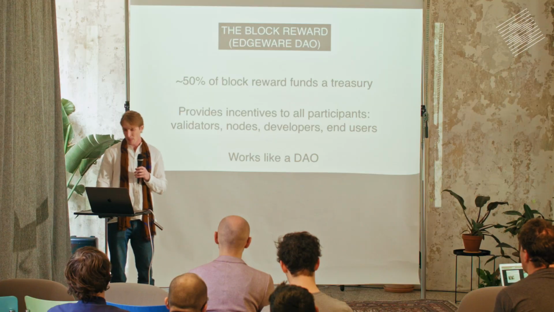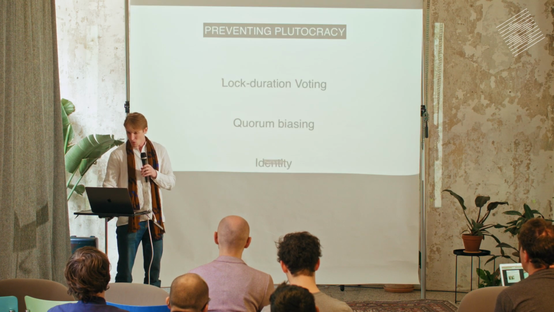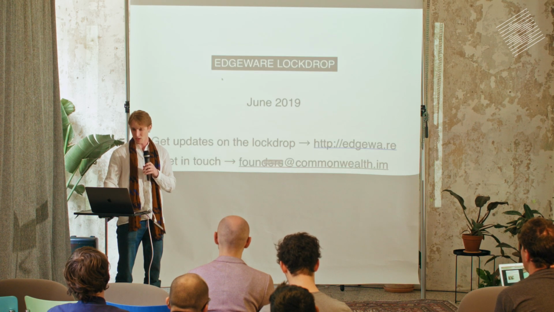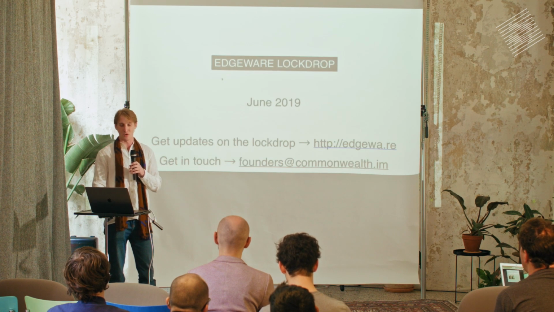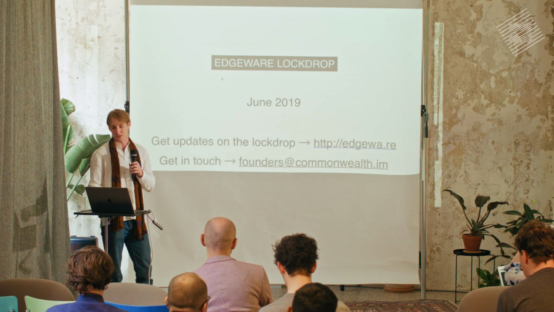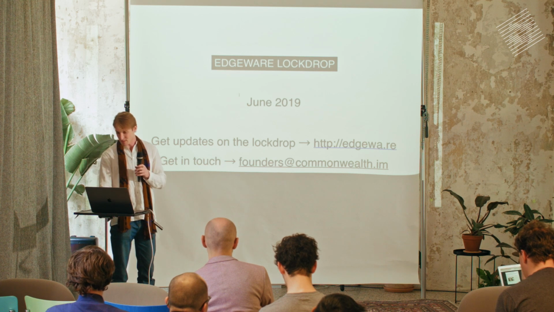The idea is that it would work like a decentralized autonomous organization. This is an old UI, but I think I'll jump into our demo. If you have questions, find me or my co-founder Raymond after the talk. Here's where you can see our website, and if you have questions, obviously email us.